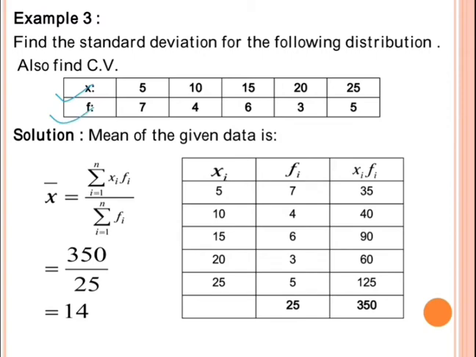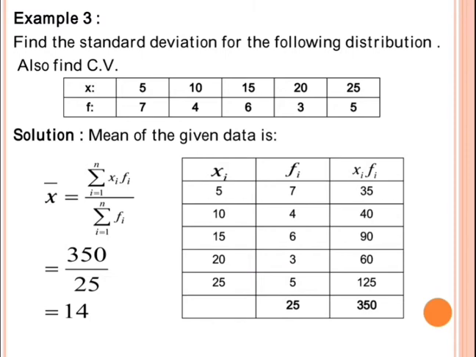So first to find the mean, we need the formula x bar equal to sigma xi fi upon sigma fi. So xi is given to us, fi is also given to us. We will do the total of fi, we get 25. The next column we need is xi into fi.